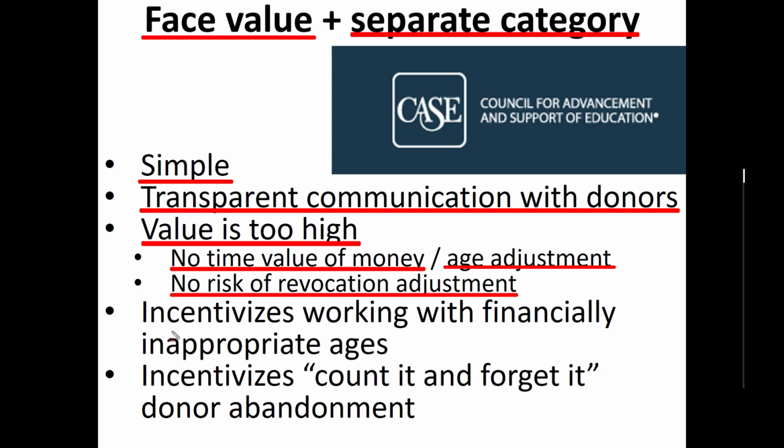Here's another problem with this approach: it incentivizes working with financially inappropriate ages. If you are using this for fundraiser credit, then you are suggesting that a $1 million revocable gift from a 35-year-old that you're going to have to wait 50 years to get is worth the same as a $1 million gift from a 98-year-old that you're going to have to wait 3 years to get.